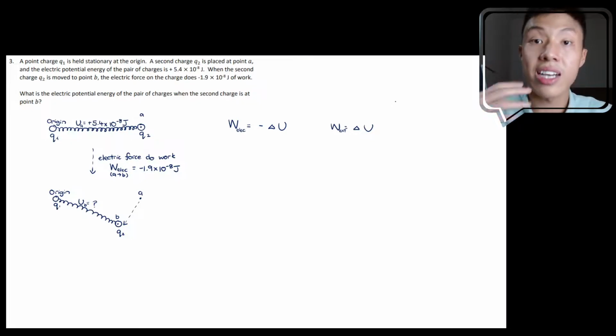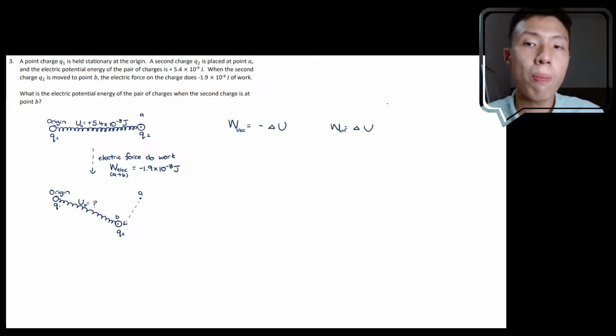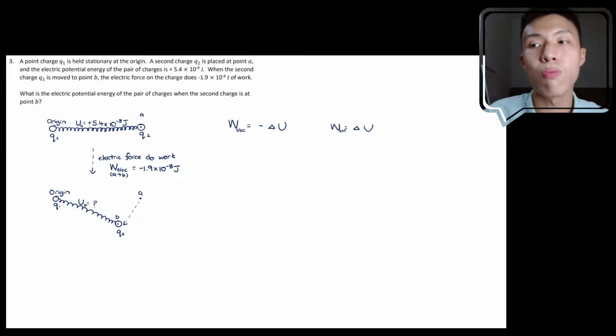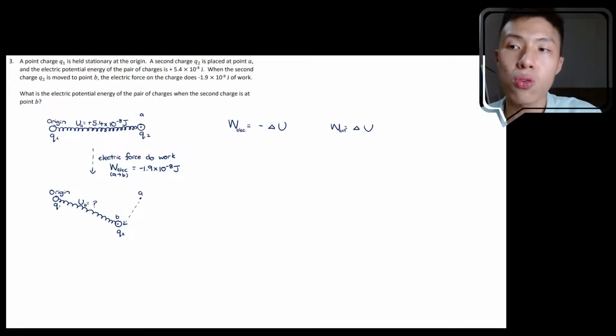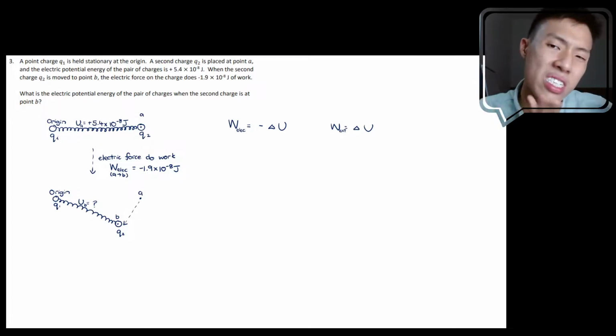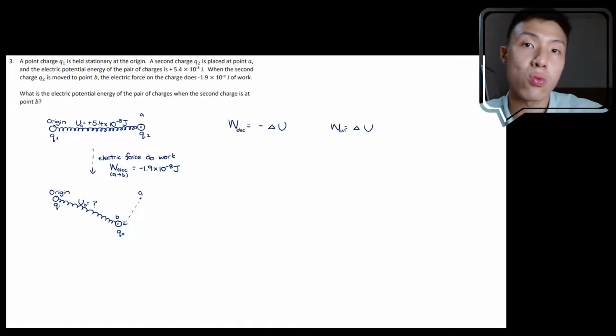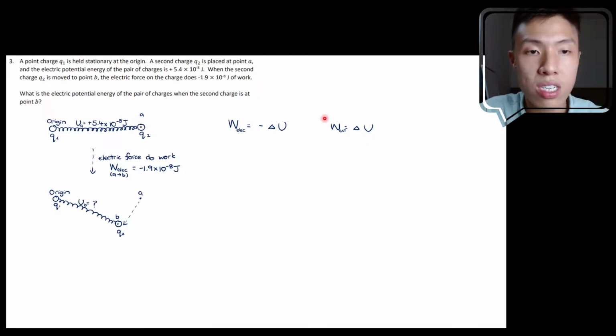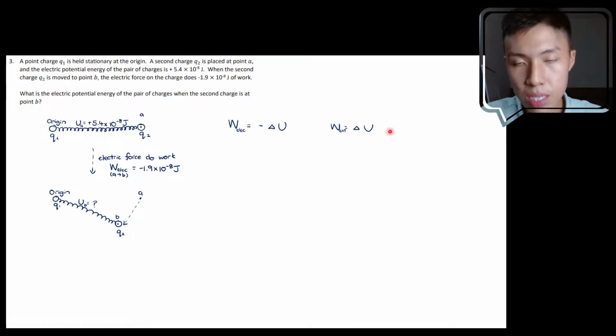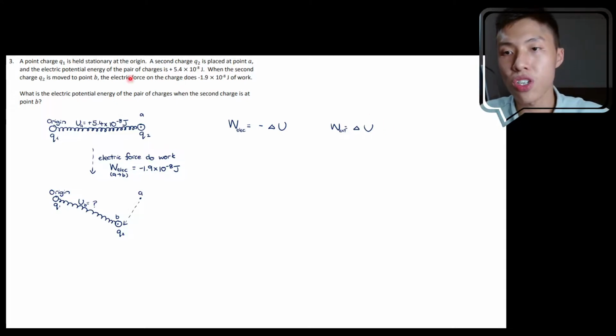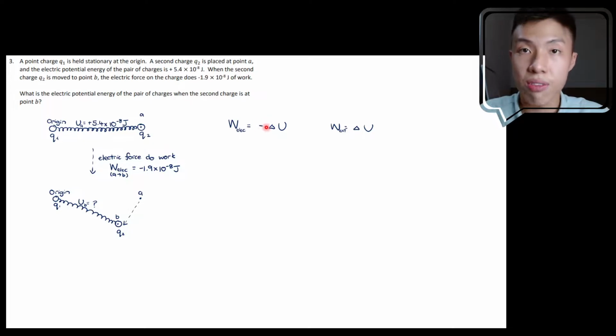Like I said just now, if negative 1.9 times 10 to the power negative 8 joule of work is required to bring the charge Q2 from point A to point B, then the work is done by something else, so it's work done external, and you use this equation. Most of the time in the matriculation syllabus it's work done external, but under certain specific situations, like in this case, when they say it's the electric force that does work, then you have a negative here.